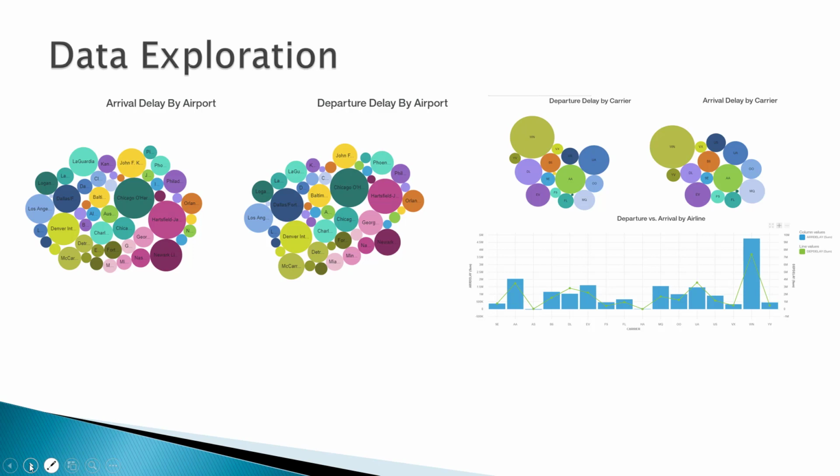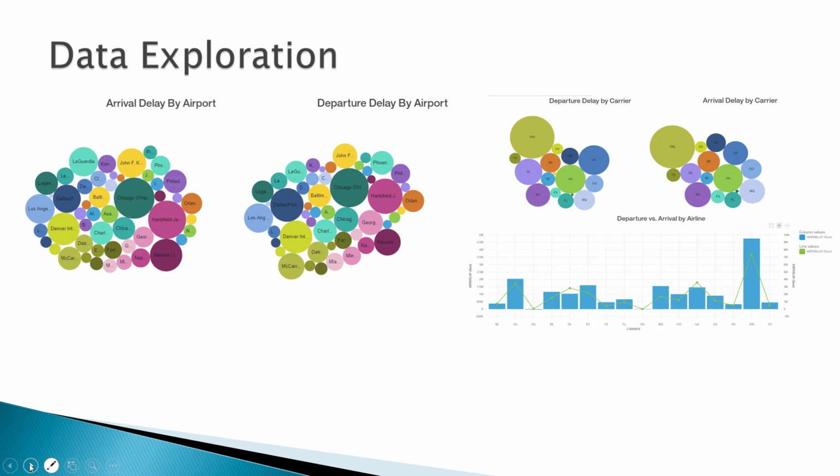According to the left side image, we see that Chicago O'Hare, Atlanta Hartsfield Jackson, Newark, LaGuardia, Denver International and Dallas Fort Worth cause a lot of arrival delays as well as departure delays.